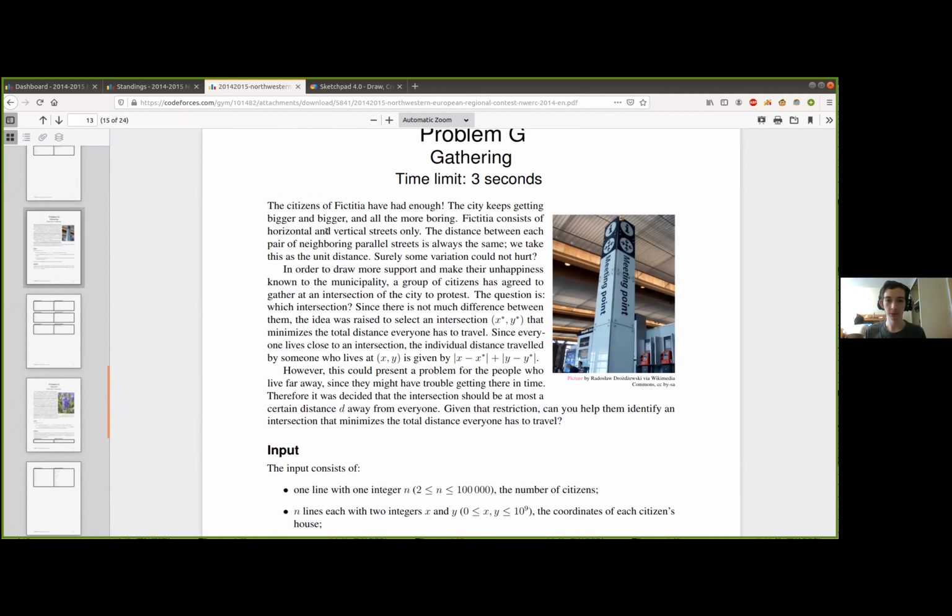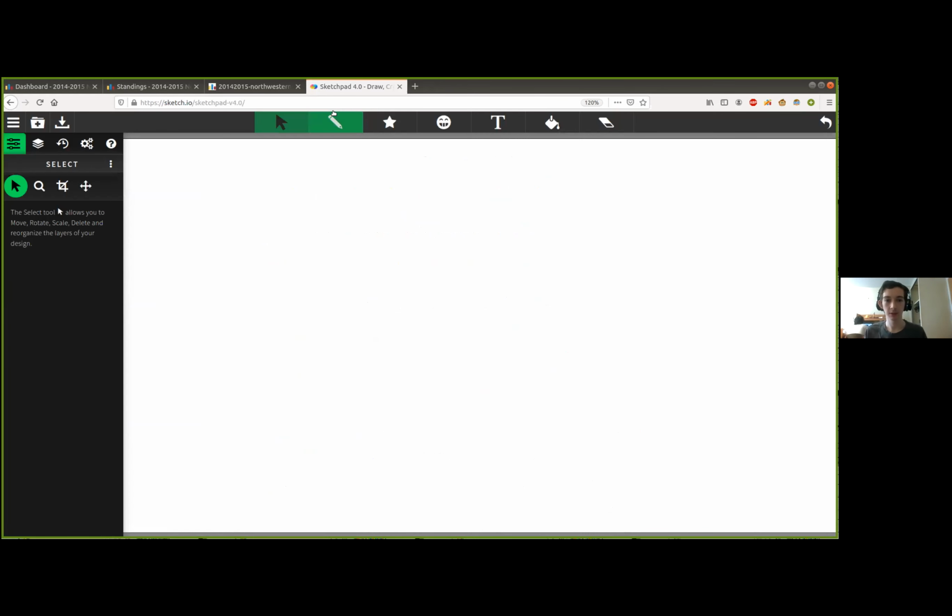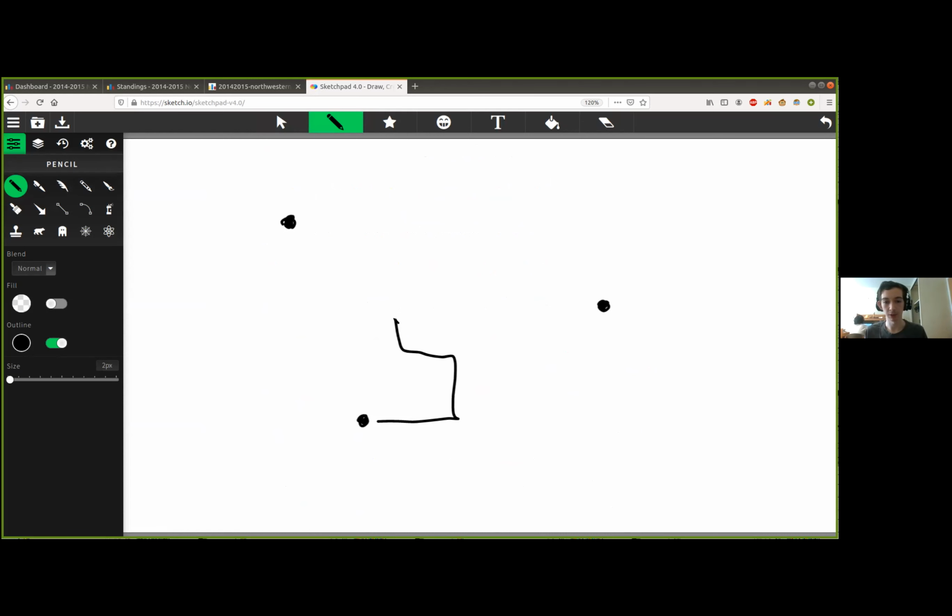I think the next problem is G. So in this problem, we have several people at different positions, and they move by Manhattan distance. So you can only move left, right, up, and down. That's their walking distance.